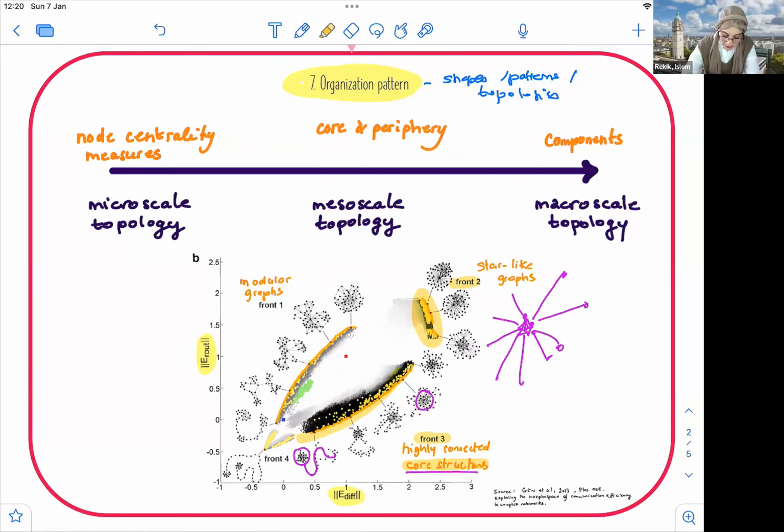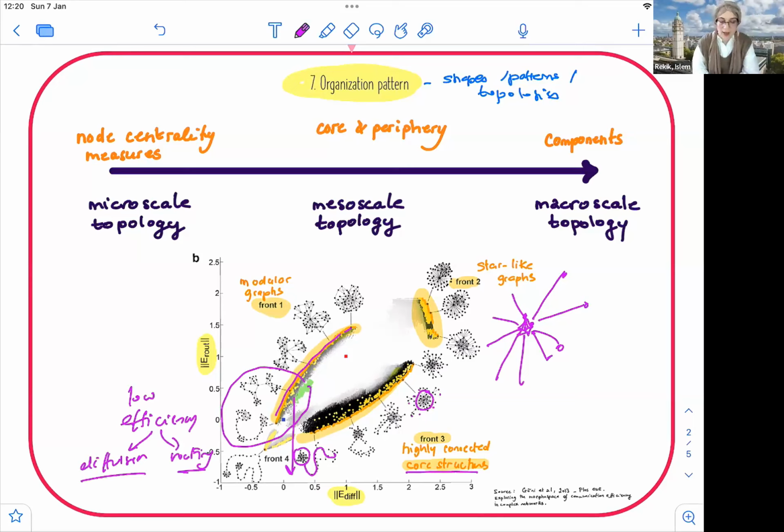Another structure is found in front 1. This front has low diffusion, though it depends where you are on this front, okay? But graphs that are right here have low efficiency, whether you calculate it via diffusion processes or routing processes on graphs.